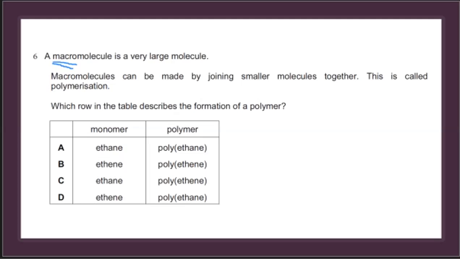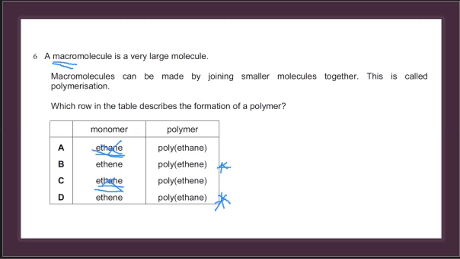All right, so let's do a process of elimination. The monomer needs to be an alkene in order for this to work. So we're looking for something that has a monomer as an alkene. Alkene is out, so A is out and C is out. That leaves us with B as a possible answer and D as a possible answer.